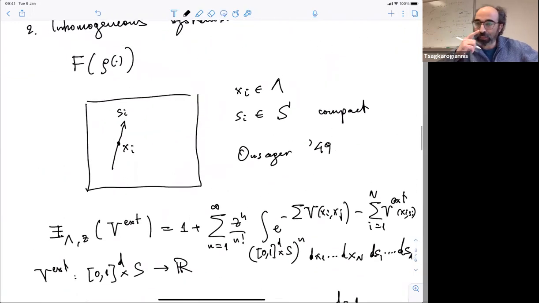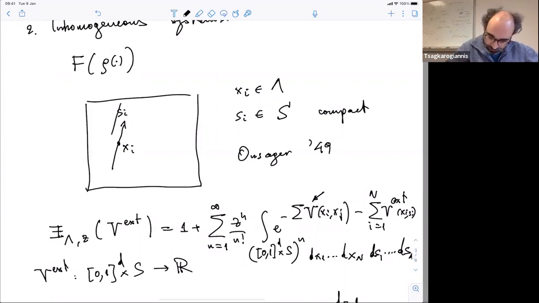So the potential V I have has two inputs, the positions and the orientations. For the positions, I can do a big class of things. For example, I can do Lennard-Jones, I can do hard spheres. Onsager, in this paper with the orientations, did excluded volume for the cylinders.